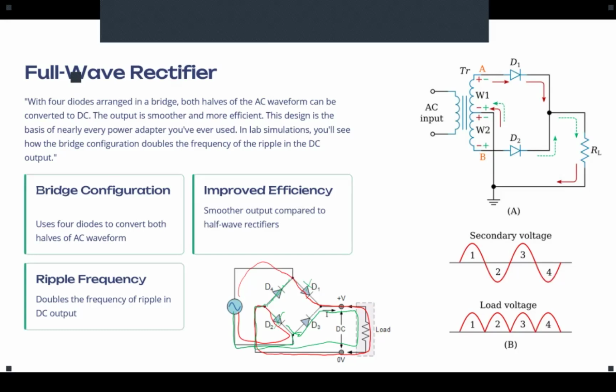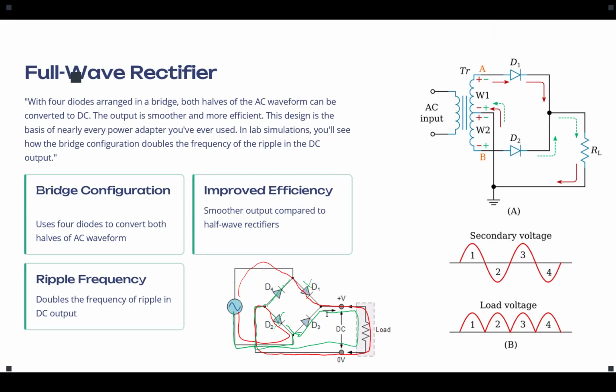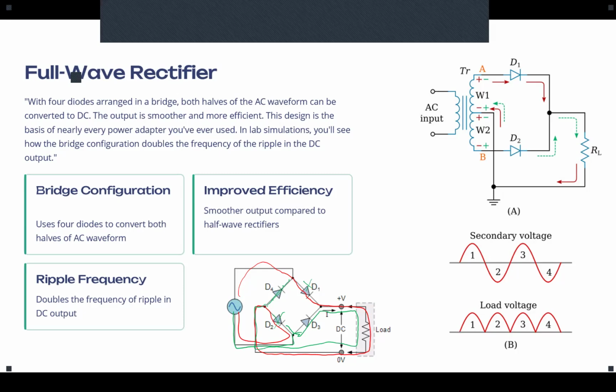So not only do we conduct in the positive half cycle of the source, we also conduct in the negative half cycle of the source. But since the current in the negative half cycle goes in that direction, the polarity in the load would change, which shows itself as this one. Does that make sense? Is that clear what we talk about?